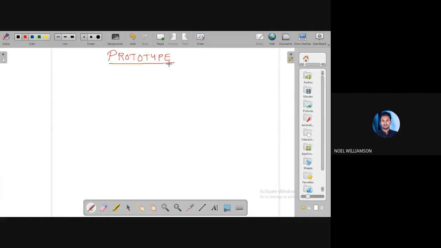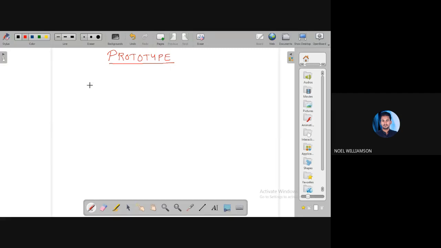In order to experiment with the design before going into the actual manufacturing, we usually make a working model with the existing accepted design. We make some experimentation on that prototype, and later on we will move to the final manufacturing side.